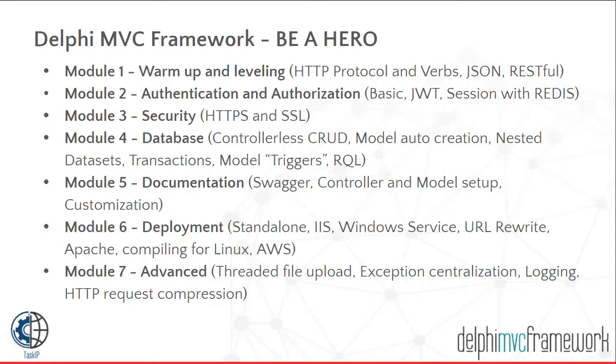We'll talk about centralized exceptions. We'll talk about log management, logging. We'll talk about HTTP compression of the request, so it goes faster. If I'm not mistaken, we're talking about zip compression in the request, and more.